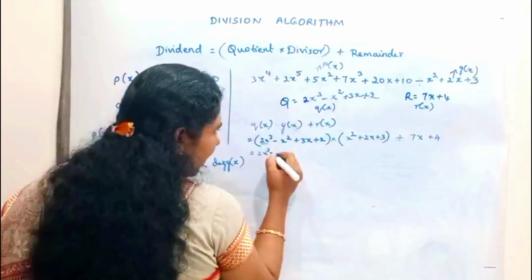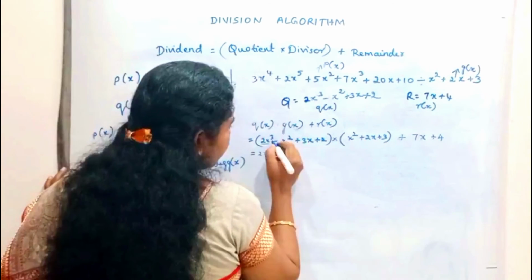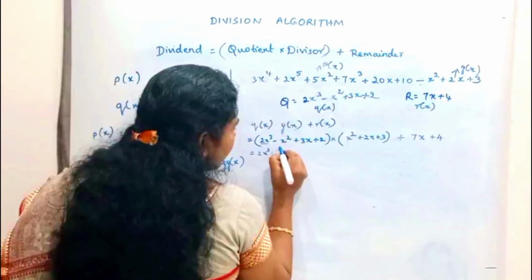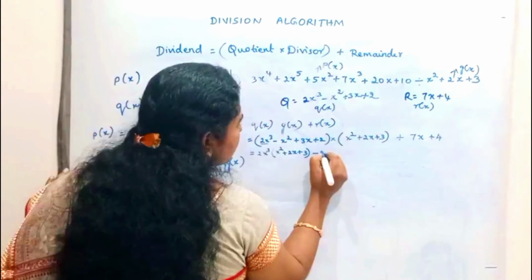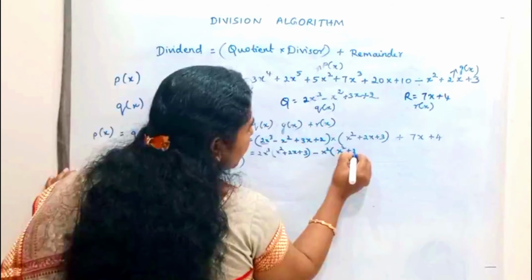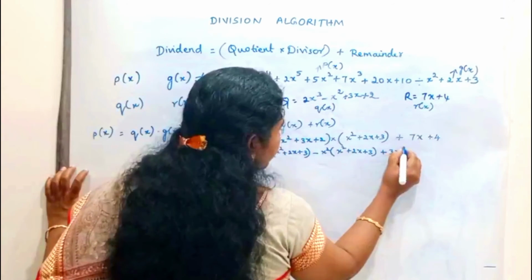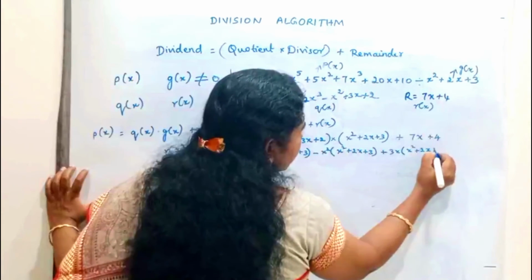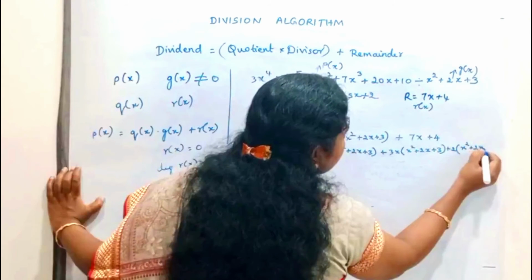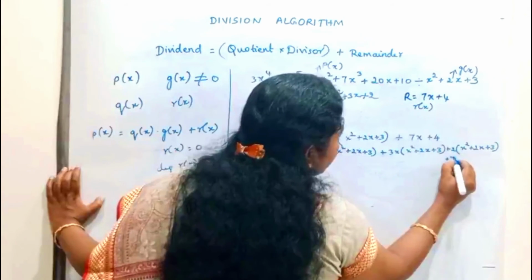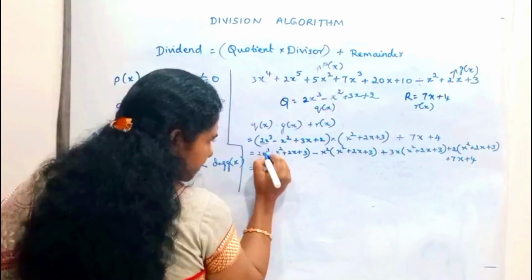We can directly write in the first step itself, or we can write separately, that is 2x cube into x square plus 2x plus 3, then minus the second term into this, so minus x square into x square plus 2x plus 3, and the next the third term plus 3x into x square plus 2x plus 3, and the next the fourth term plus 2 into x square plus 2x plus 3, and then we are having plus 7x plus 4.